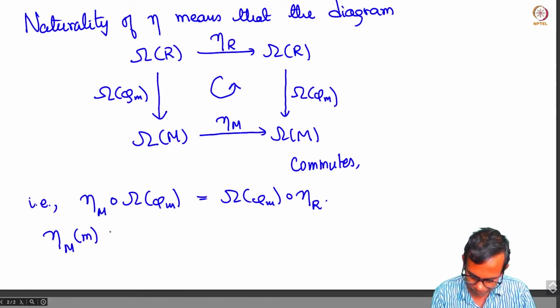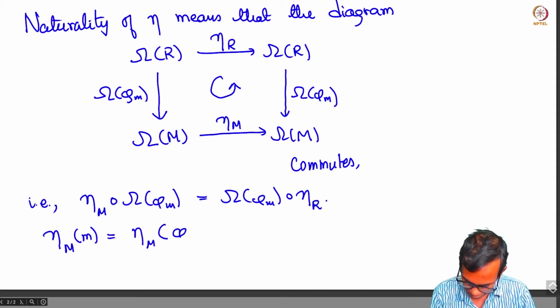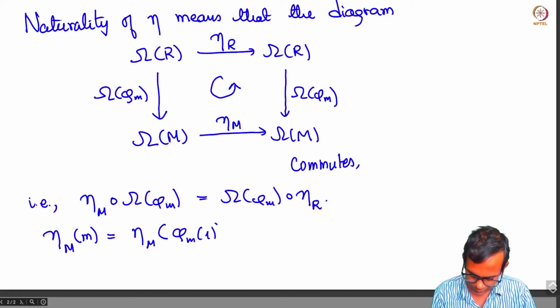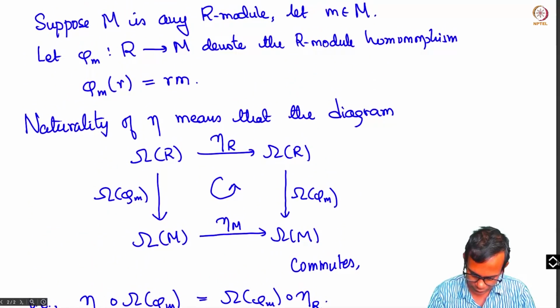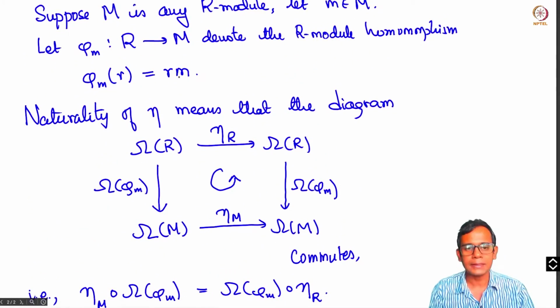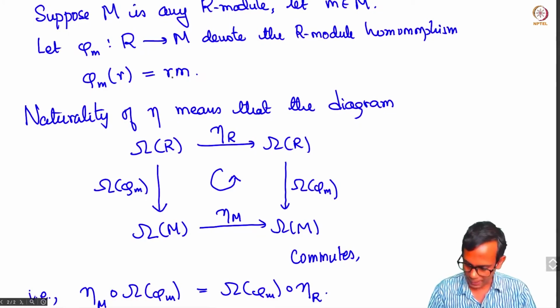Well, eta M of m is eta M of phi M of 1, which is going to be m. Let's recall the definition of phi M: phi M of r is r times m. So phi M of 1 is just m.